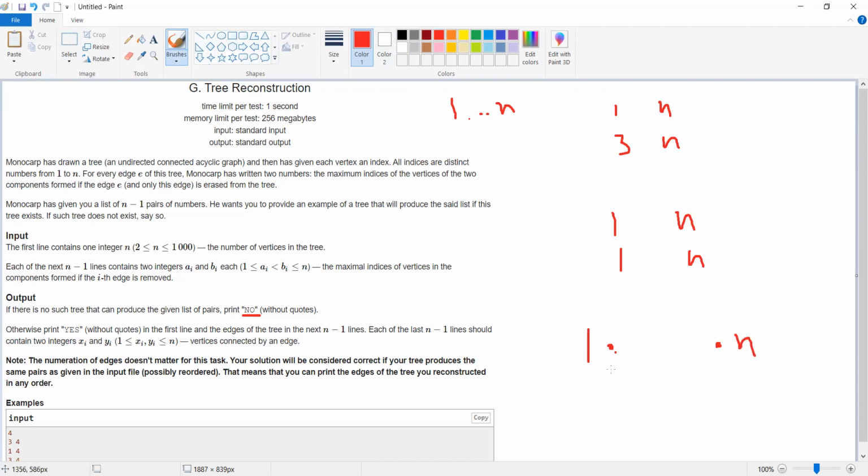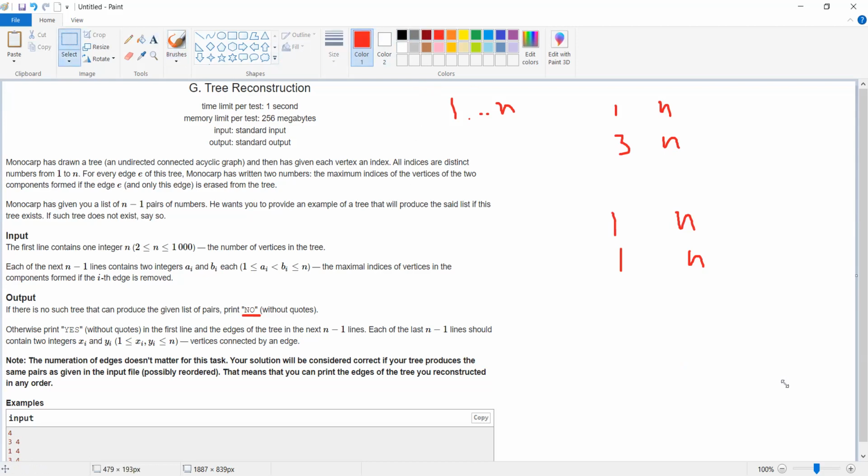But it also means that here we must have some vertex. And when I cut this edge, the maximum to the left must be 1. But if the maximum to the left is 1, here we must have 0. But 0 is not allowed. So what does it mean?